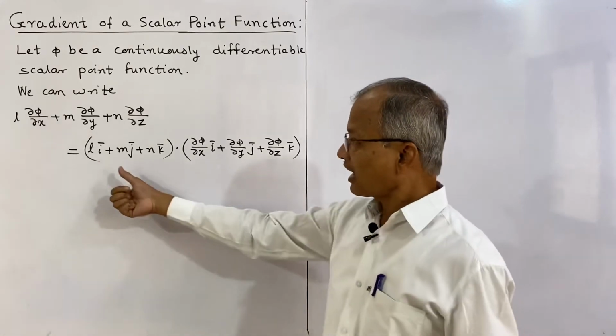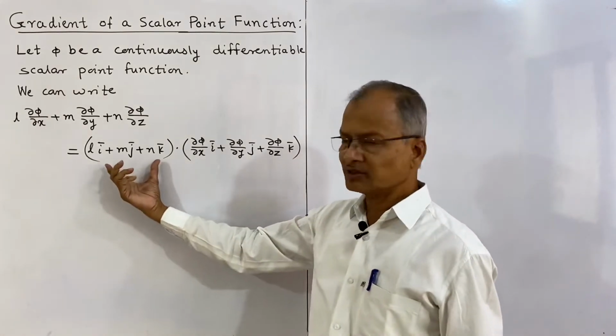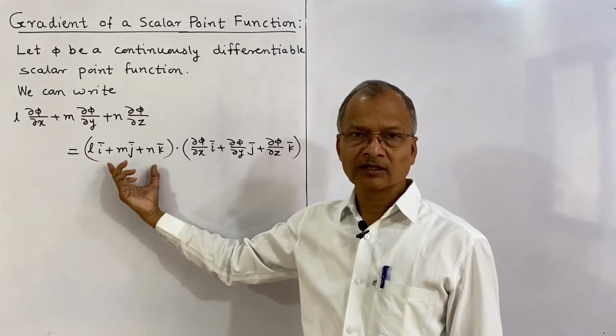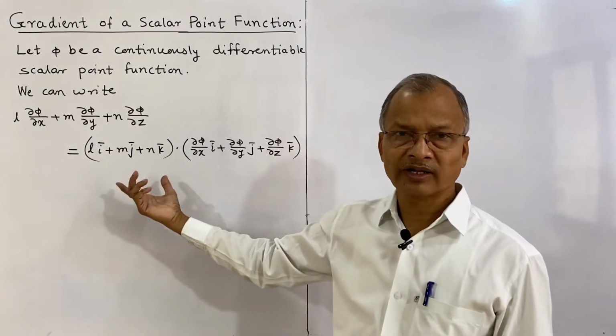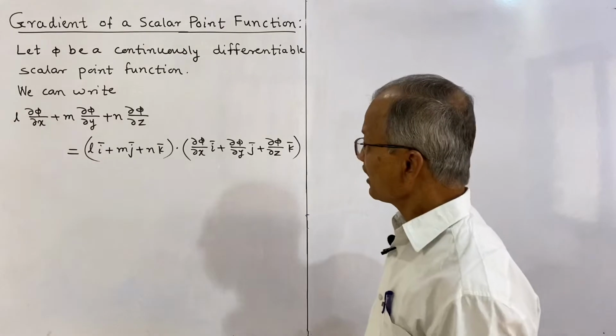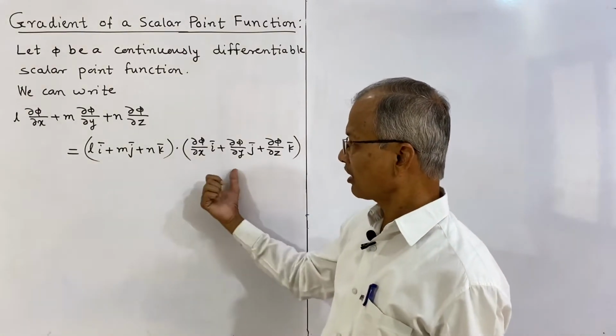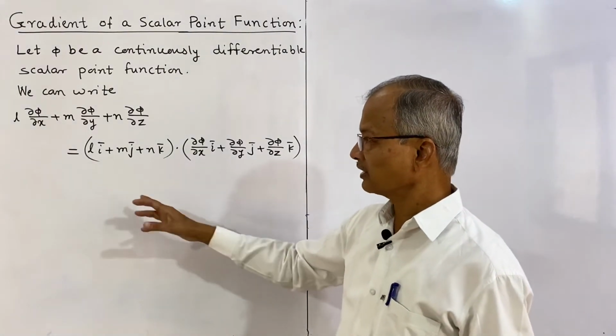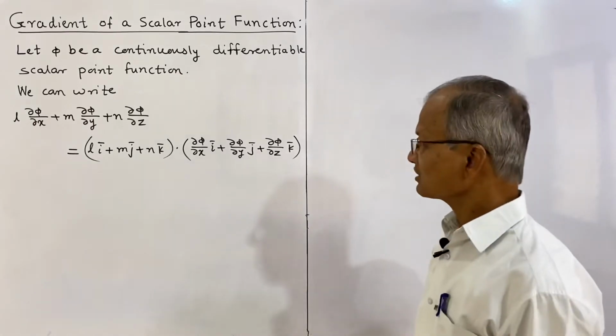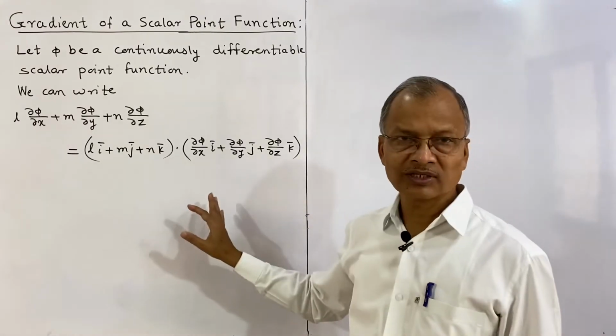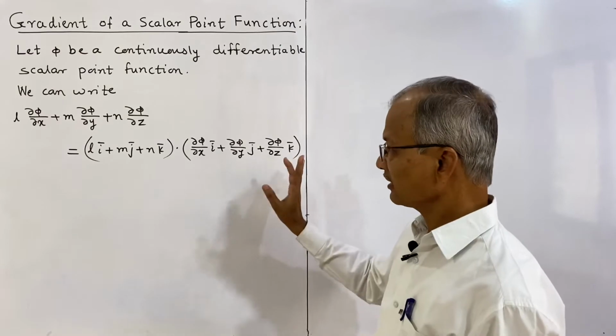We know i bar, j bar, k bar, or simply i, j, k, are the unit vectors along the coordinate axes x, y and z. And how do we perform the dot product of these two vectors? Component wise, because i dot i is 1, j dot j is 1 and k dot k is 1.